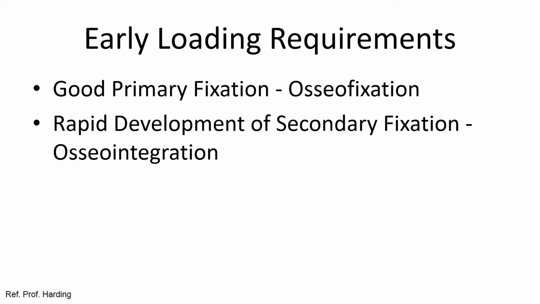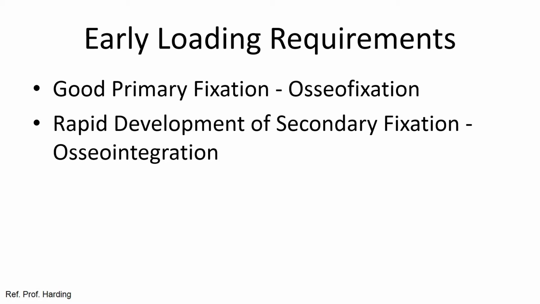Now, if we're going to be considering any form of early loading, and that could be restorations not placed into function, well, we need to have good primary fixation or osseofixation, and as we've stated now many times, this is purely mechanical. It relies on the grip of the bone.